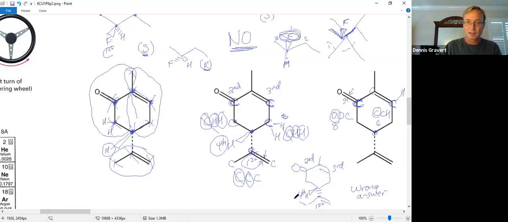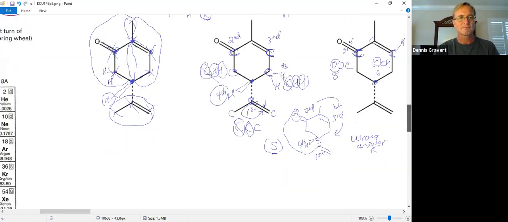So 1 to 2 to 3, back to 1. It looks like it's R. That would only be true if the 4th group was away on the wedge bond. So the correct answer is S. And I think if we look up S carvone, I think this is the caraway seed, the right flavor. Cool.